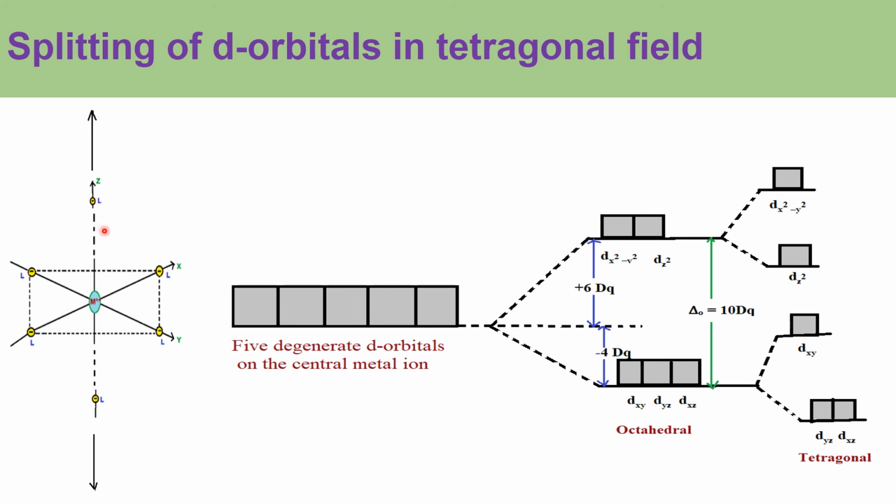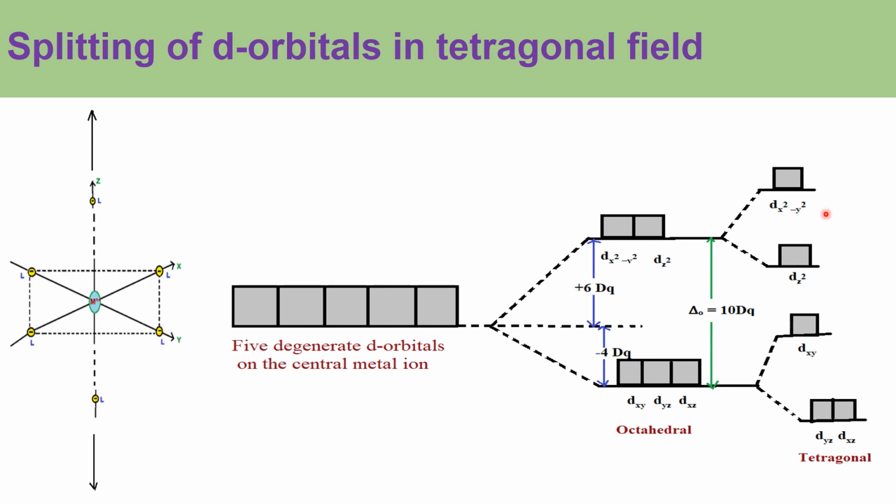So the d orbitals along the z-axis experience less repulsion from the ligands, while the orbitals in the xy plane experience relatively greater repulsion, therefore their energy is increased.